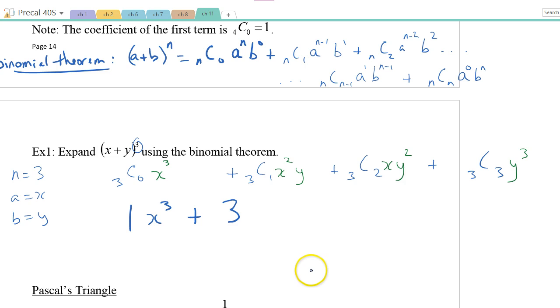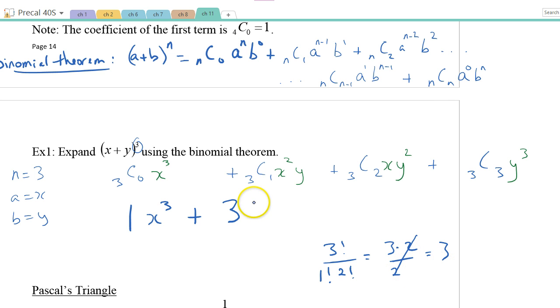So just remember how this works. For combinations, it's 3 factorial divided by the difference of those, which is 1 factorial over 2 factorial. So this 3 factorial is 3 times 2 divided by 2, so that would be equal to 3.